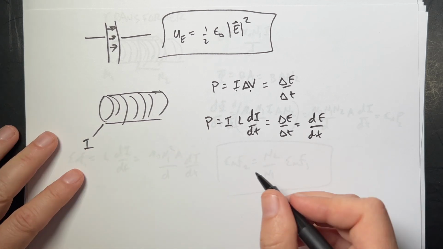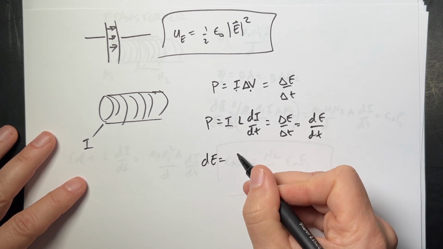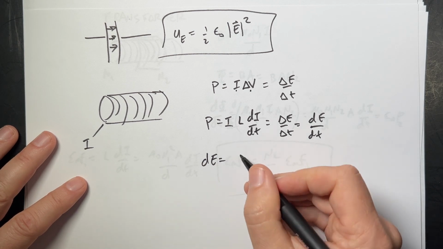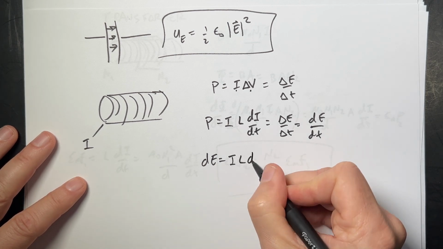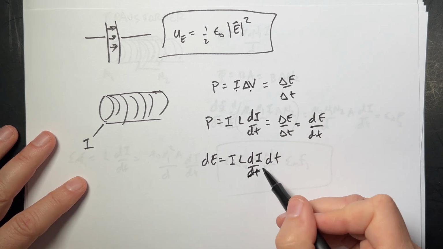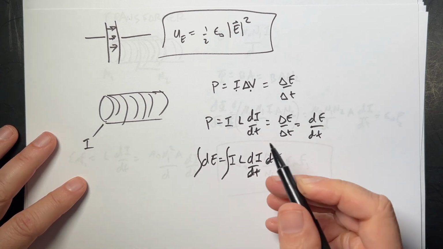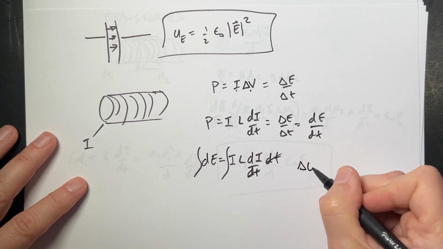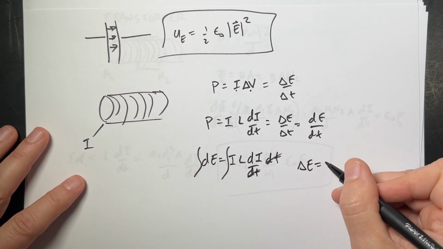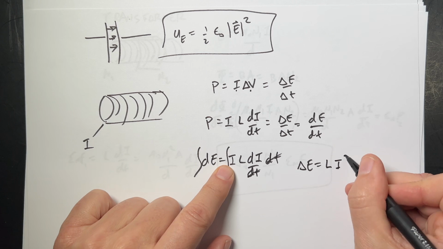Well, if I multiply both sides by delta t, I get dE equals I L di dt dt. And you'll notice the dt's cancel. That's kind of nice. Now I can integrate both sides, and I get delta E, the change in energy, is going to be equal to the integral of L I dI, which is L I squared over 2.